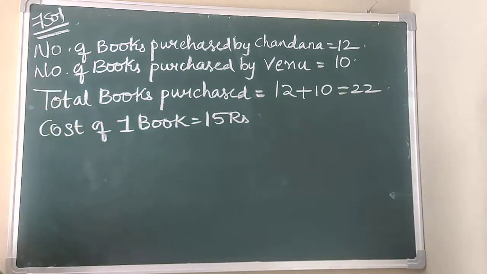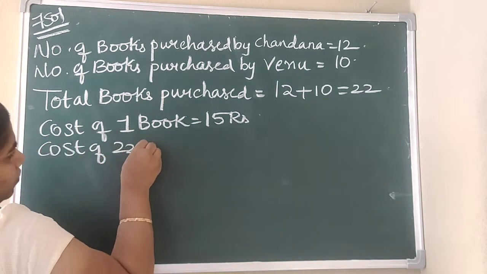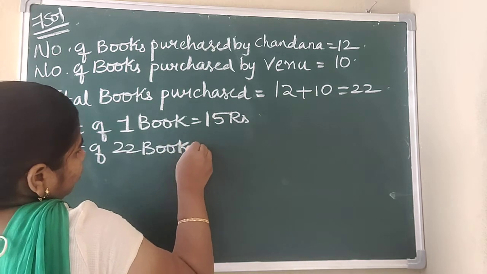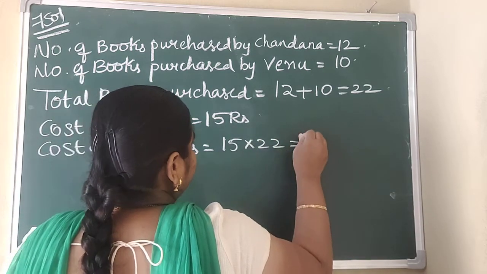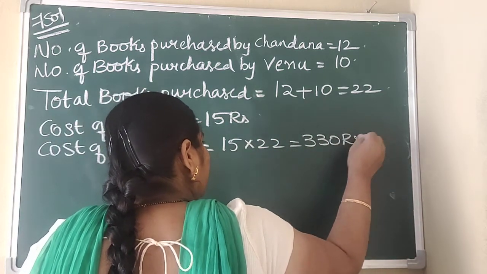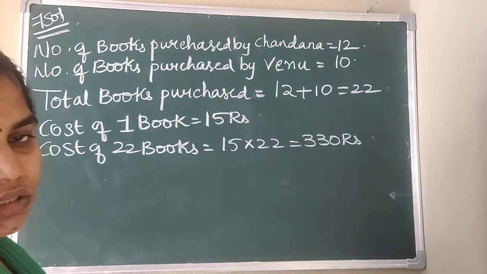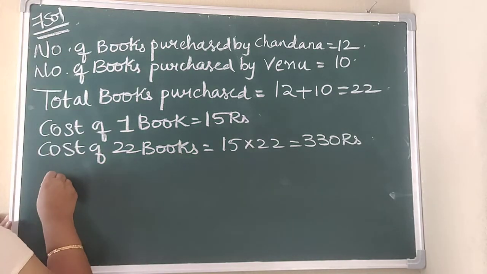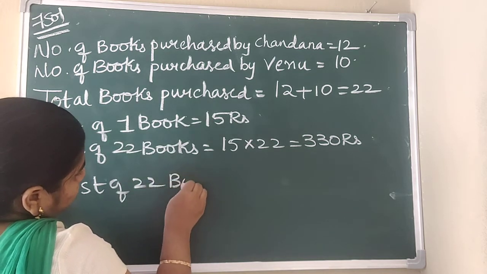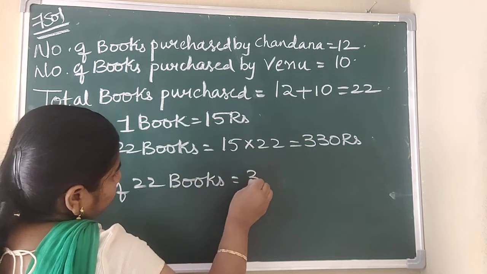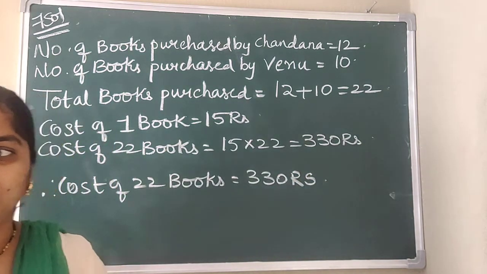Now the cost of 22 books is 15 into 22, which is equal to 330 rupees. So the shopkeeper got 330 rupees. Therefore, the cost of 22 books is 330 rupees. So this is our seventh solution.